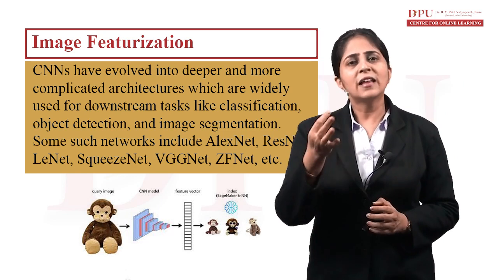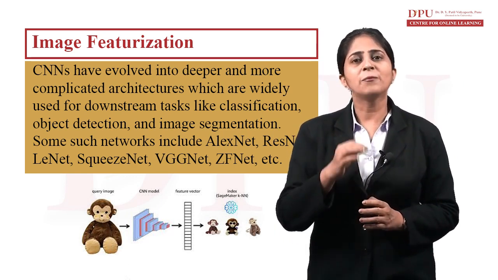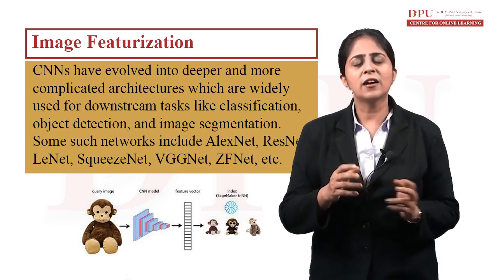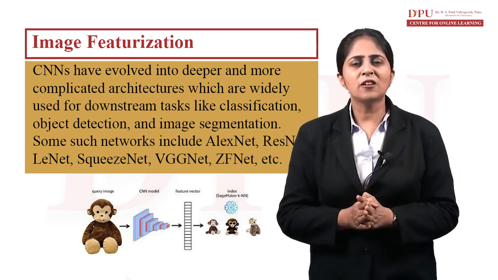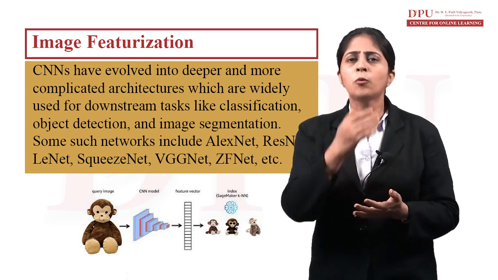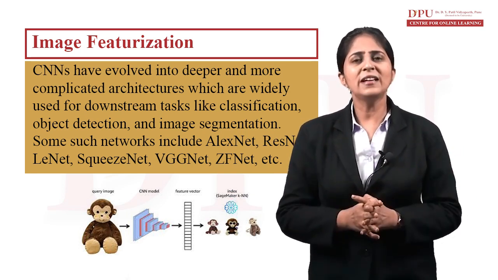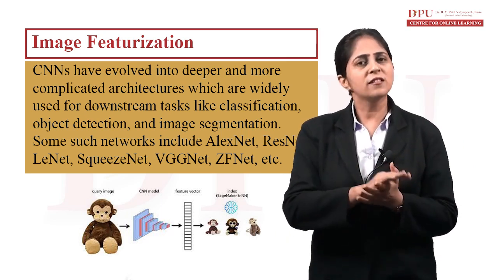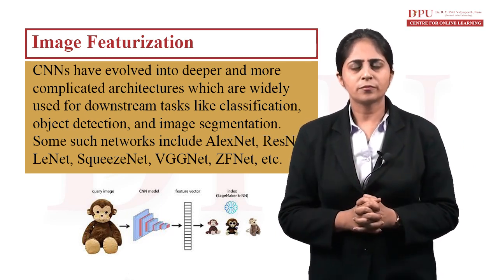We can have image classification, object detection, image segmentation, and the spatial relationship between the objects. So a number of questions related to the image can be asked. For all this, CNN provides us the best architecture.